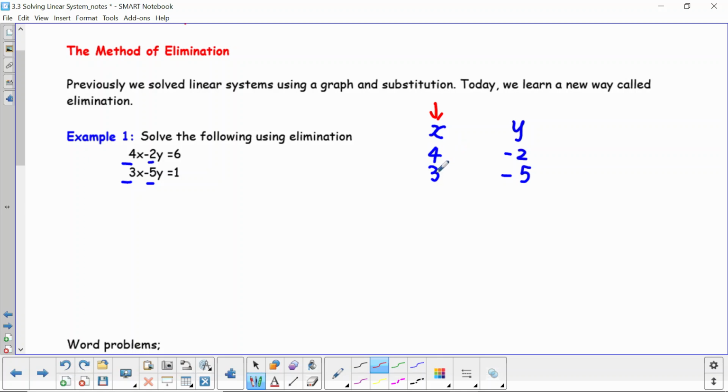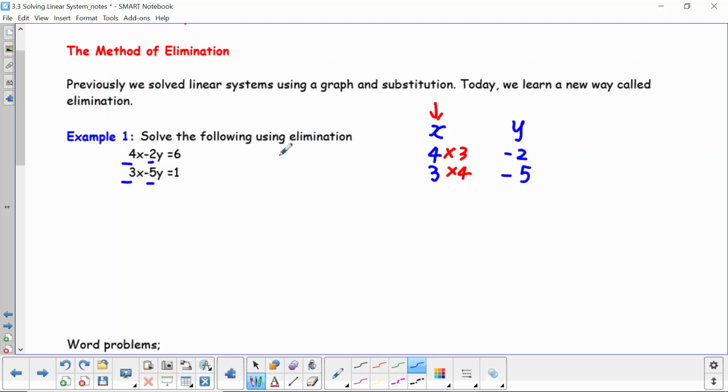So we could do 4 times 3, then 3 times 4. Then you will have both 12. When we multiply one equation by 3, we need to make sure all the terms in that equation are multiplied by 3.